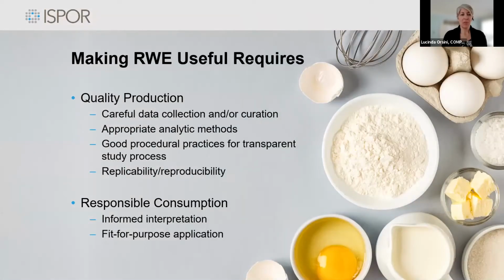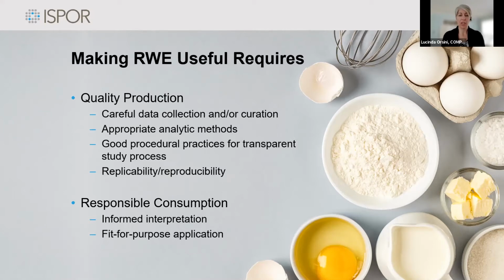So just in keeping with the themes emerging from yesterday's discussion, which I found really great, I think we all agree that there are some key ingredients that go into making real world evidence useful and of high quality. And we talked a lot about some of those yesterday, and they're certainly coming through in the discussion around replication and reproducibility. So quality production can't be understated in any way.